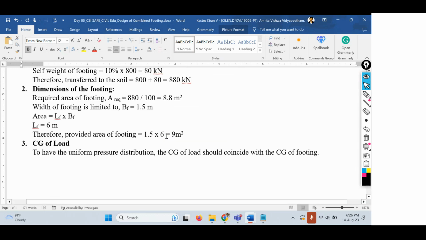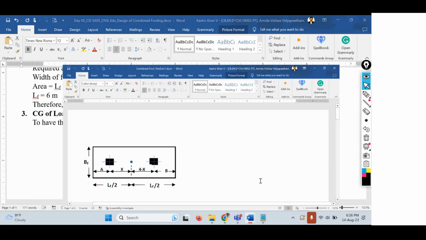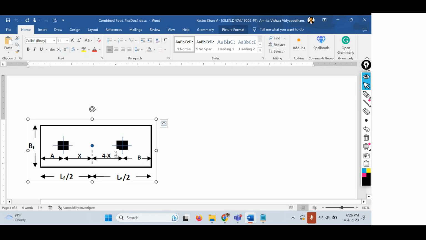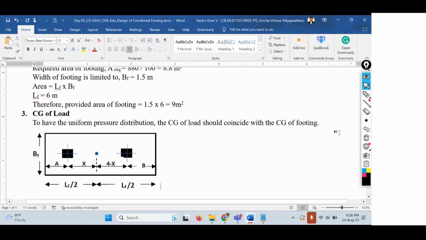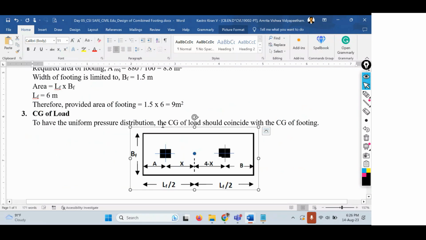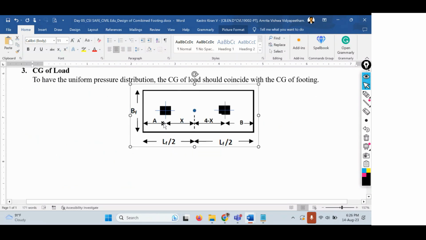Right. So let me have that figure. I already have drawn that figure. Yeah. So this is the figure that I am talking about. You can see clearly I'm considering the center of gravity point at a distance of x from the center of the column.